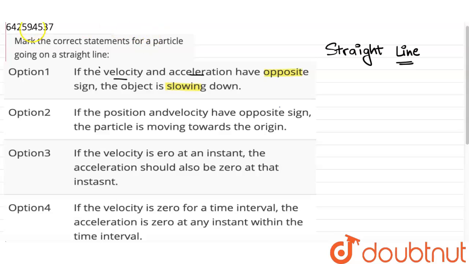Let's see. This is very much visible from the equation v equals u plus at.